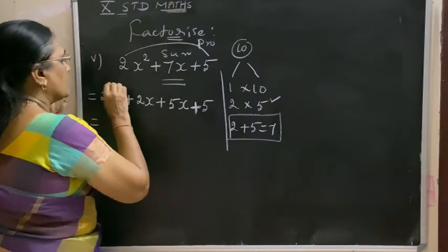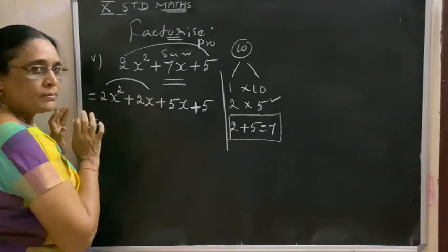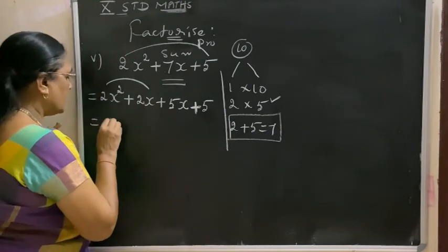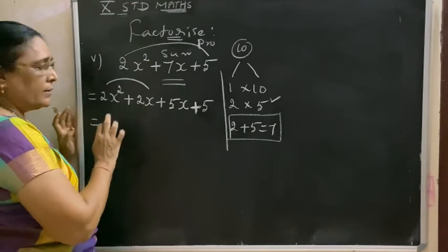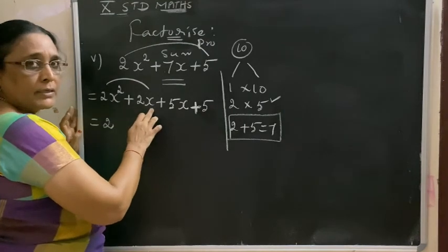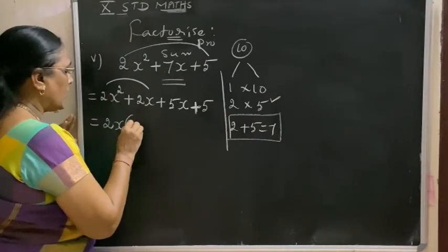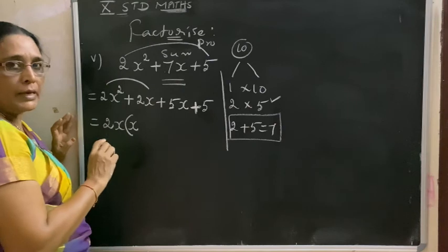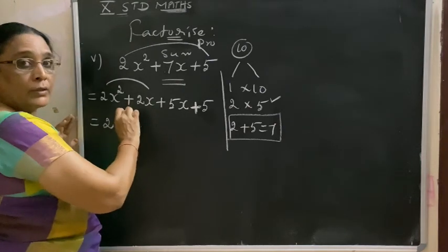Now you take the first 2 terms. What you have to do? See any common terms are given here. Yes, if you take the number, you have to take 2 as common. Then if you take the variable, you can take x. Now we need x square, so I have to put x inside the bracket. Then see what is the sign for the second term.